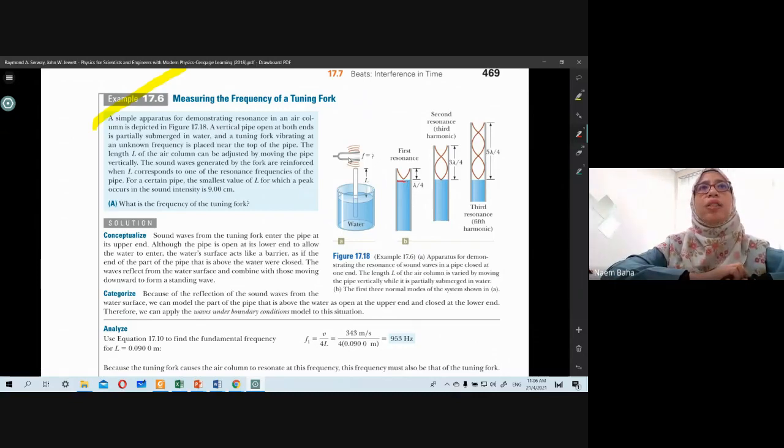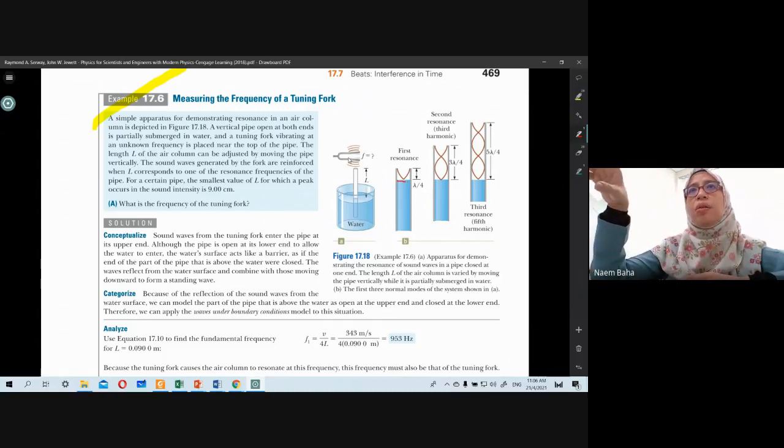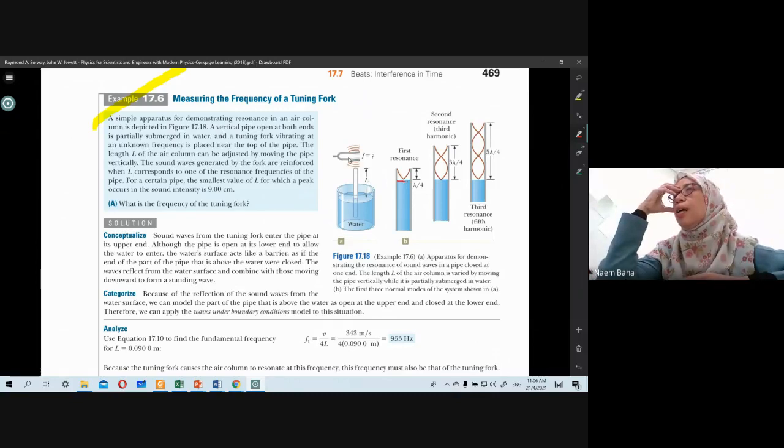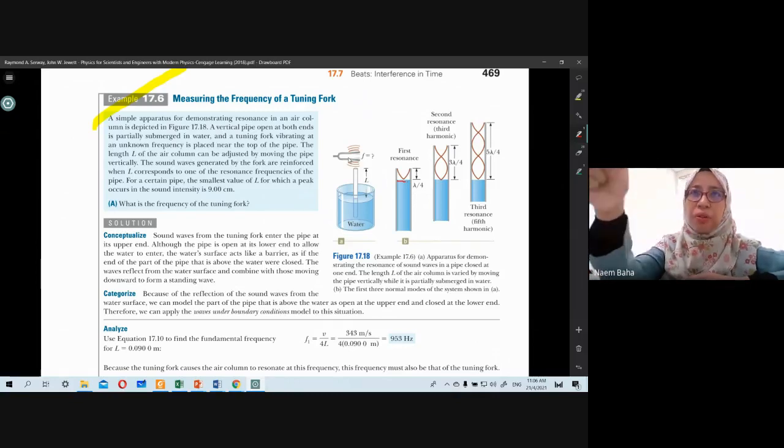The sound waves generated by the fork are reinforced when L corresponds to the resonant frequency. So it was saying that if it's just the tuning fork, then perhaps you just hear a soft ting.